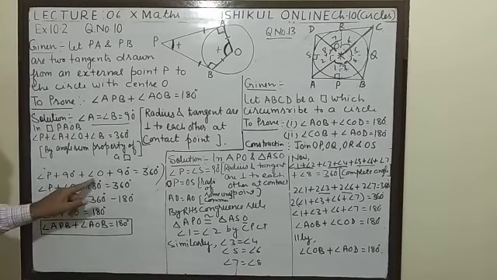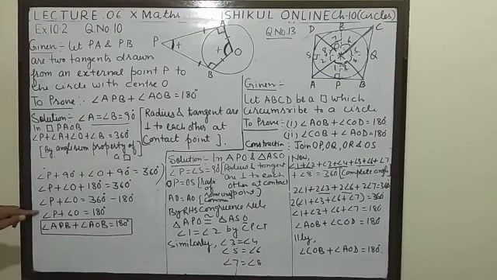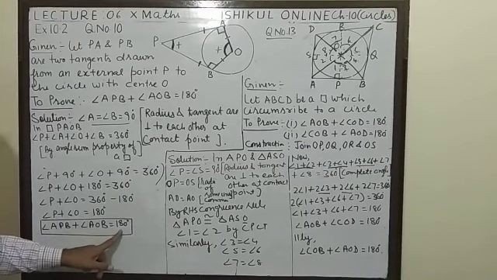P plus O, you transfer from left to right, then angle P plus O equals 360 minus 180 equals 180. This angle P you can write APB, this angle O you can write AOB, equals 180 degrees.